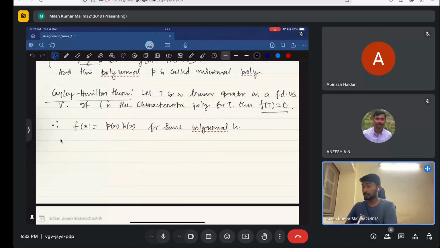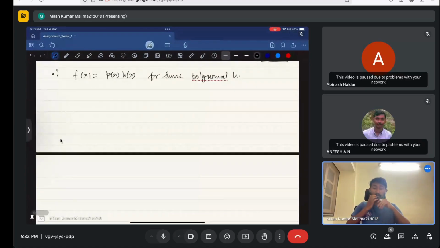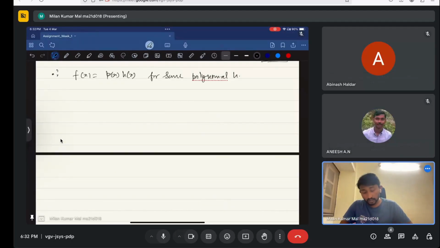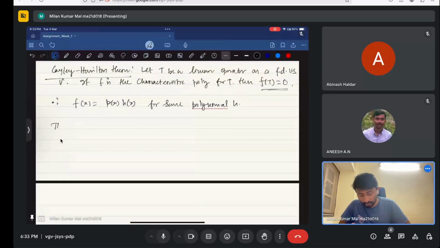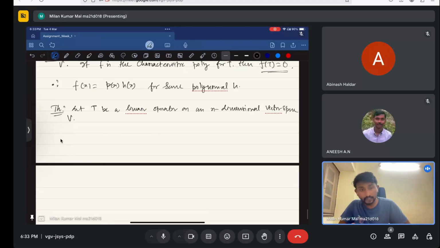And now another theorem I will write, that is, let T be a linear operator on an n-dimensional vector space V, or one can consider an n by n matrix A over the field F. This theorem I will not prove, but it gives the relation between the characteristic polynomial and the minimal polynomial.